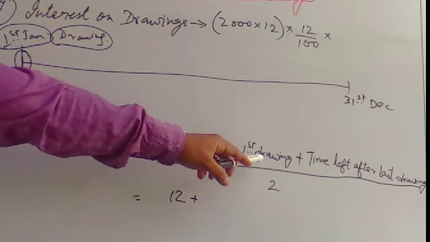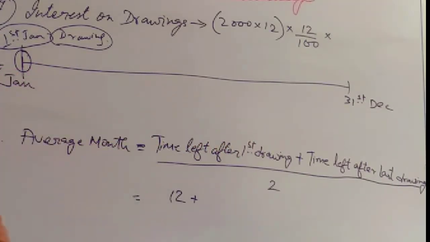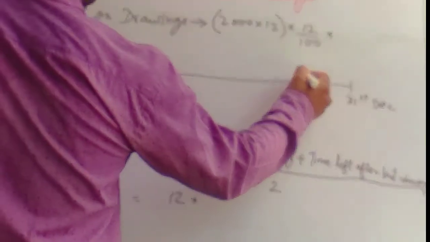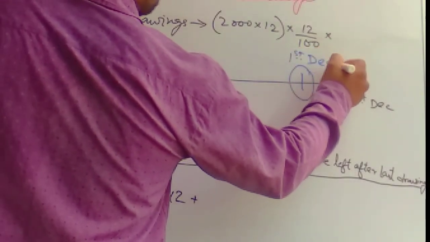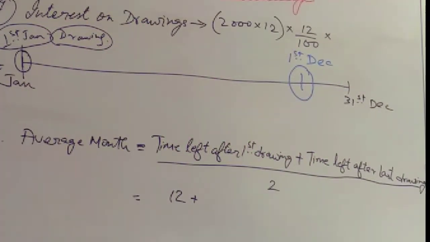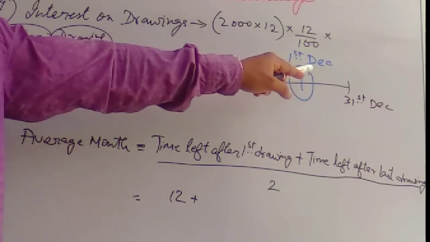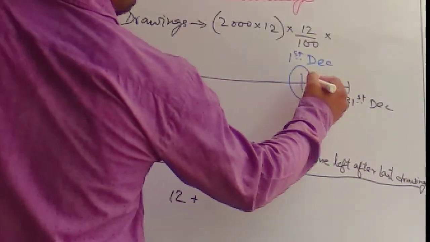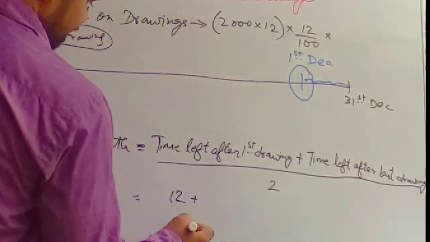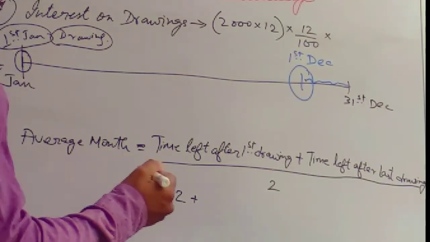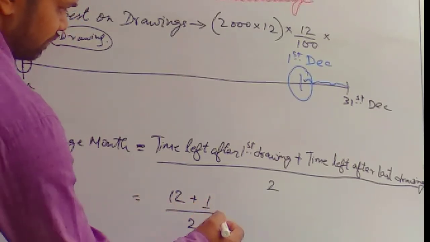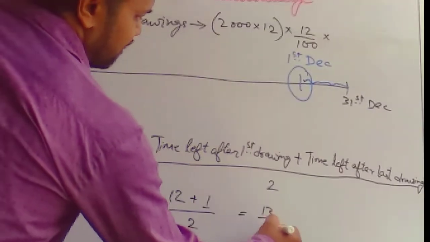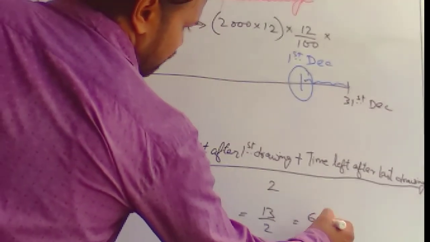And similarly the last drawing will be on 1st December. Yes or no? So what is the time left after 1st December? This is 1 month. So we add them, 12 plus 1 is 13, divide by 2, and the answer is 13 by 2, that is 6.5.